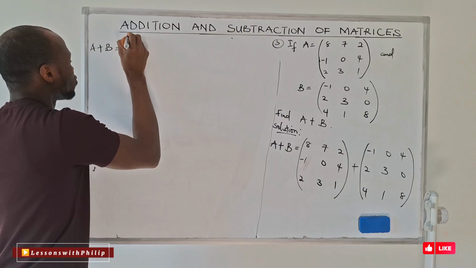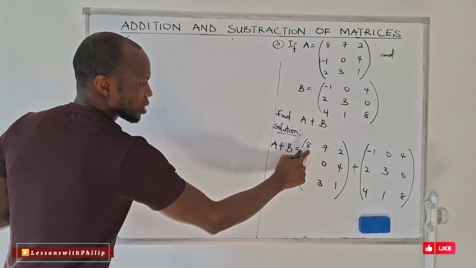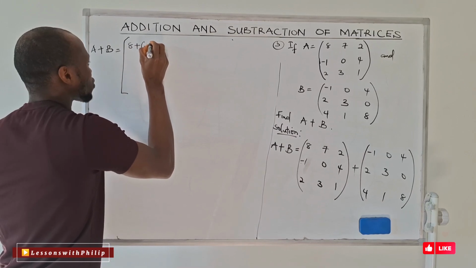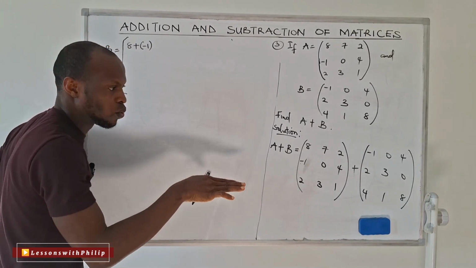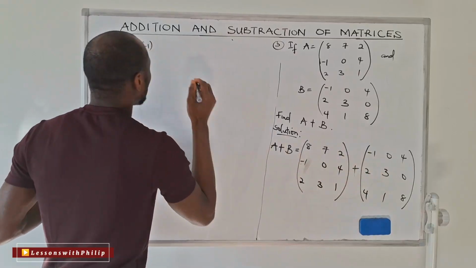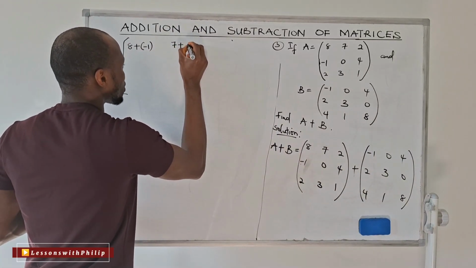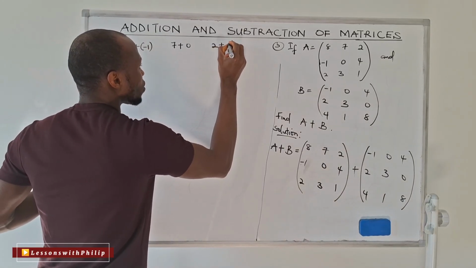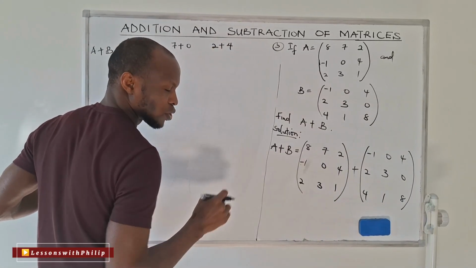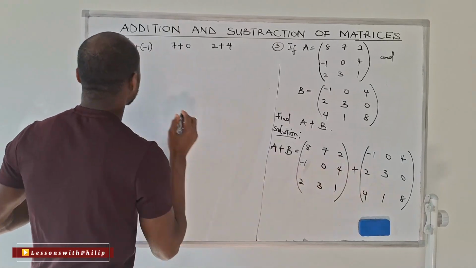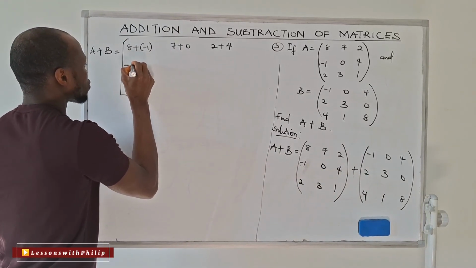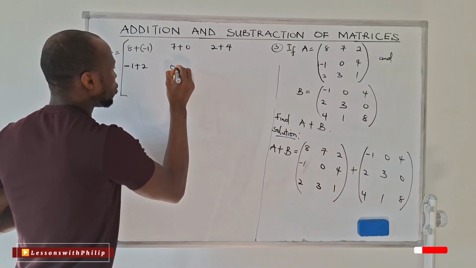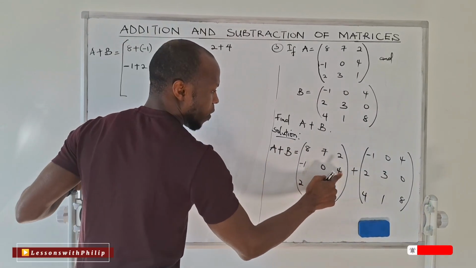Now my A plus B will be equal to 8 plus minus 1, 7 plus 0, 2 plus 4. I want to add rows. Then we go to the second row: minus 1 plus 2, 0 plus 3, 4 plus 0.